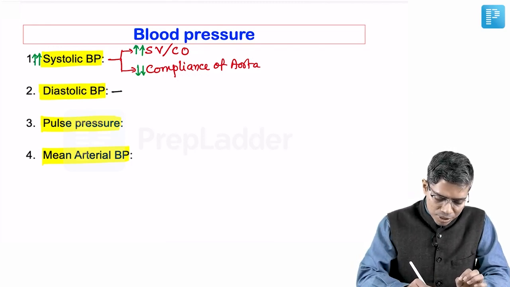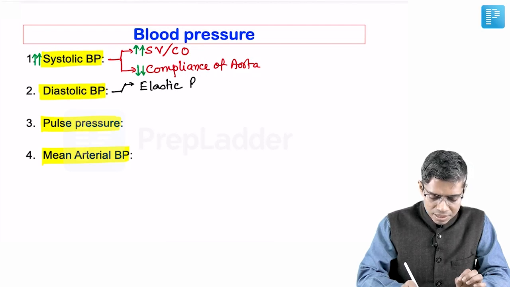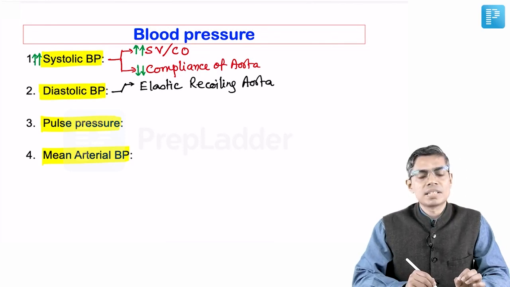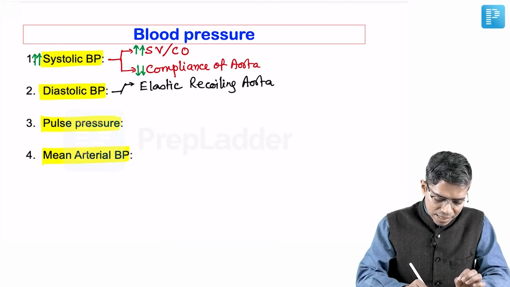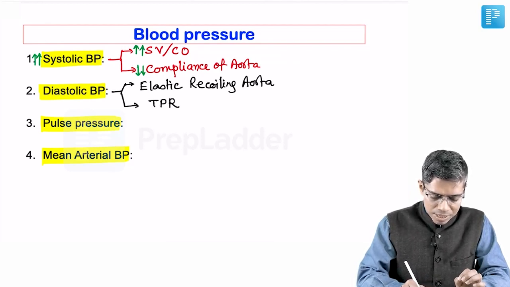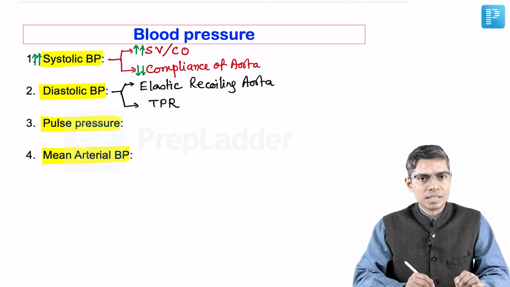Now the diastolic blood pressure, on the other hand. The main determinant of diastolic blood pressure is the elastic recoiling force of aorta and major elastic tissues, right? And the second determinant, all of you know, is nothing but TPR, total peripheral resistance or systemic vascular resistance.